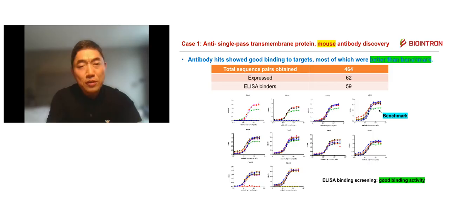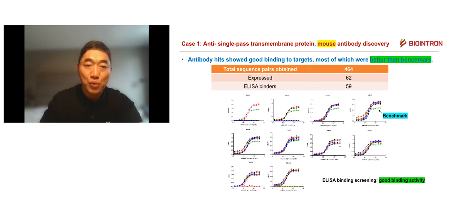So for the first one, the target is kind of routine. It's a single pass transmembrane protein. We used a mouse to raise this antibody. After B cell sorting and NGS, we finally got 446 paired sequences, and we chose 62 of them to express.